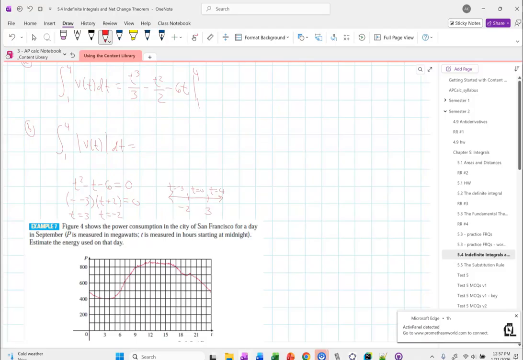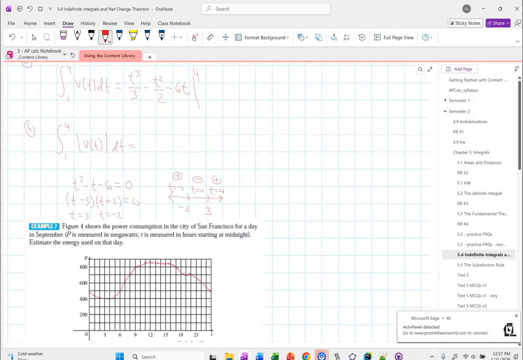So if I plug -3 in for t, I have negative times negative. If I plug 0 in, I have negative times positive. If I plug 4 in, that's positive times positive. Everybody's okay there? So specifically from 1 to 3, my velocity is negative.